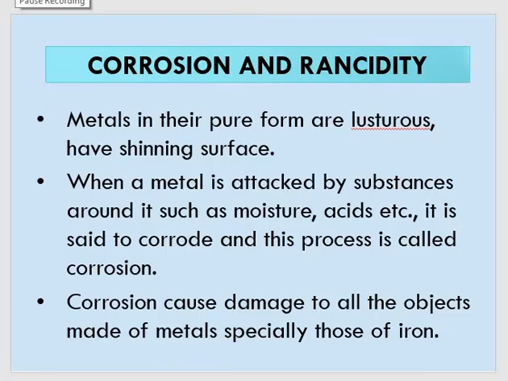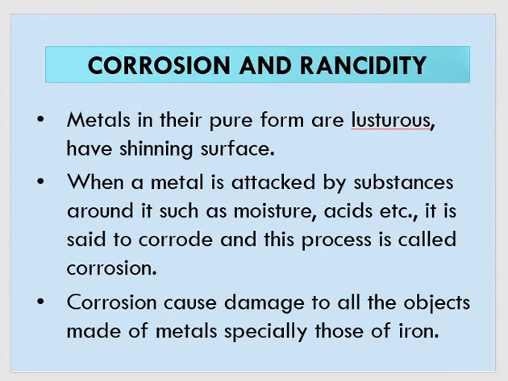Now let's learn the effects of oxidation reactions in everyday life. That is corrosion and rancidity. Metals in their pure form are lustrous, that is, they have a shining surface. When a metal is attacked by substances around it, such as moisture, acids, etc., it is said to corrode, and this process is called corrosion.